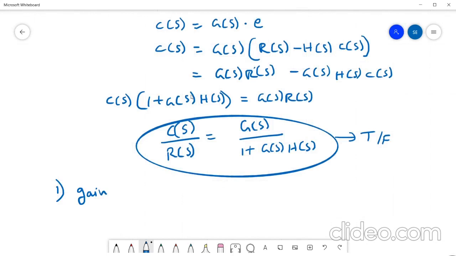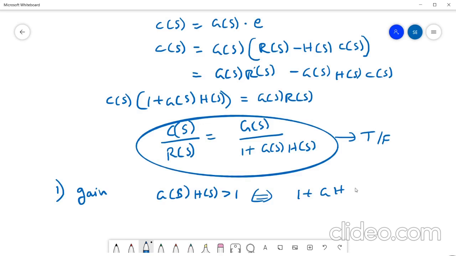So let us consider the function of G of S, H of S, that is a denominator factor, G of S and H of S is greater than 1, or else 1 plus G of S H of S is higher value, right? This is equivalent to 1 plus GH, I'll write simply as GH, which is higher or greater than 1.